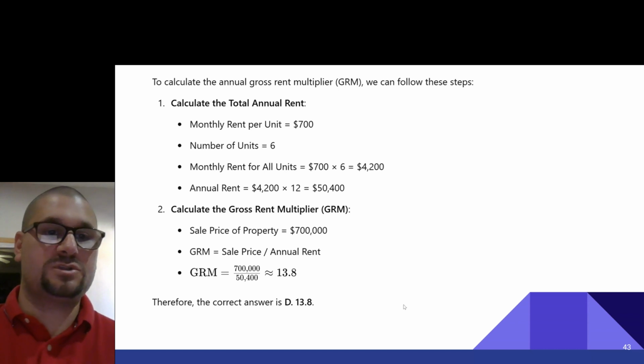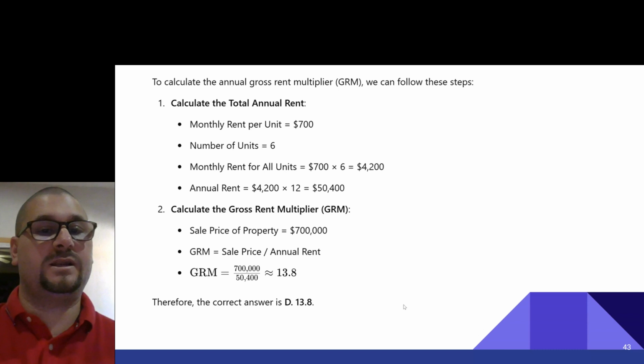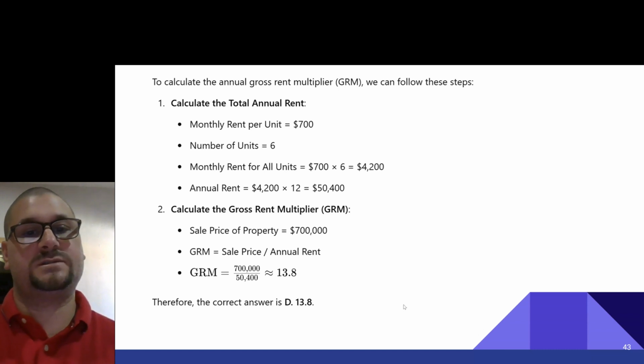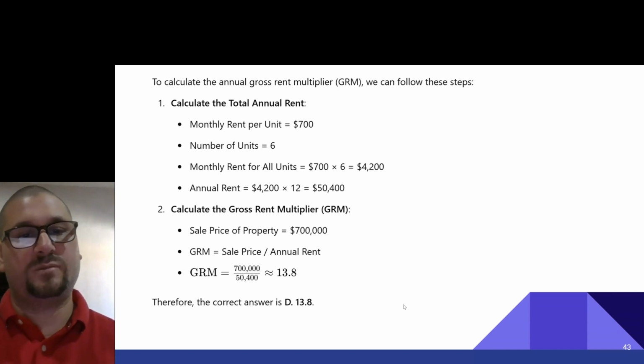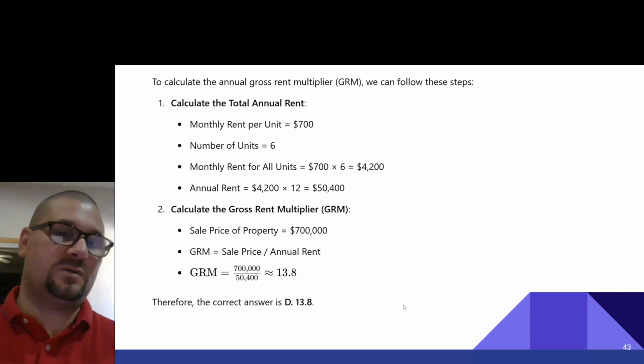So gross rent multiplier is sale price divided by annual rent.